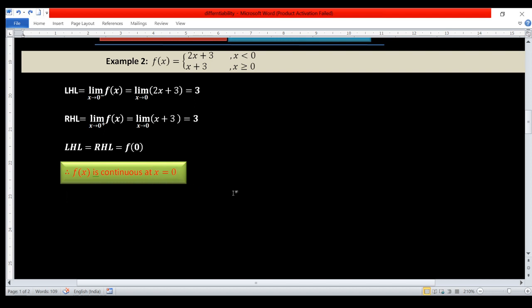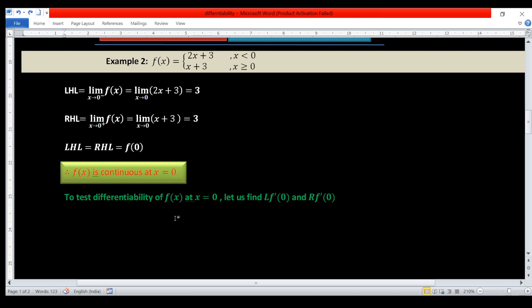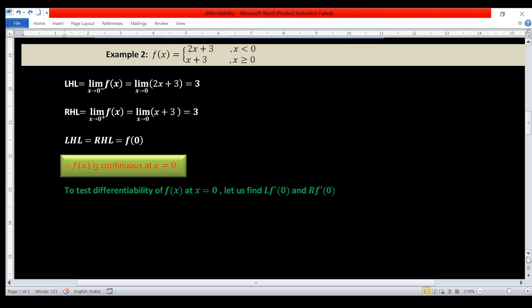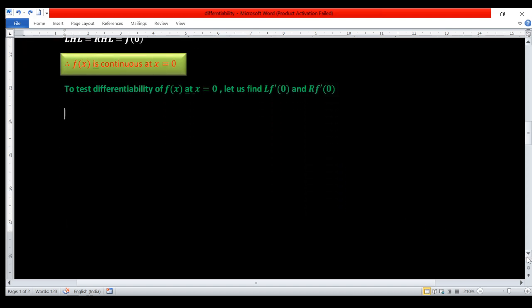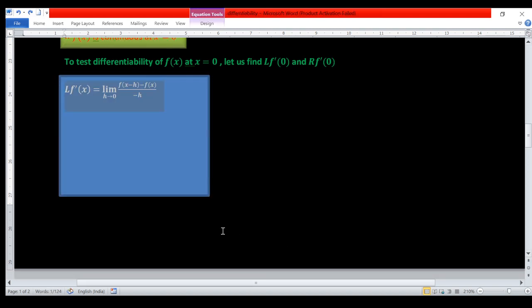Now we have to take it forward to test whether this function is differentiable or not at x equal to 0. For that we have to find Lf'(0), the left hand derivative at 0, or Rf'(0), the right hand derivative at 0. First I find Lf'(x), limit h tends to 0, of f(x minus h) minus f(x) by minus h.